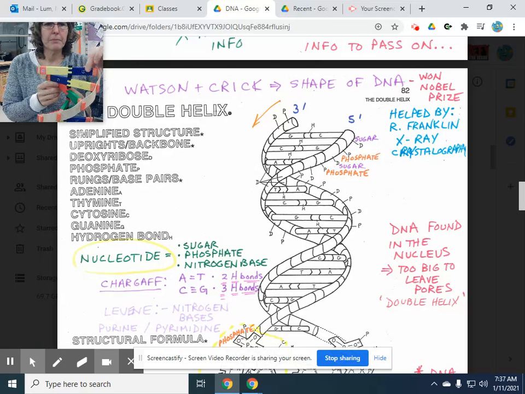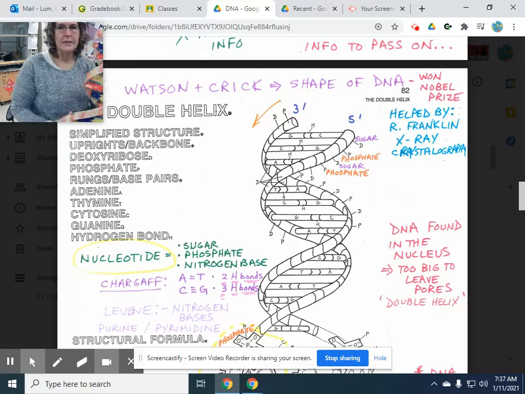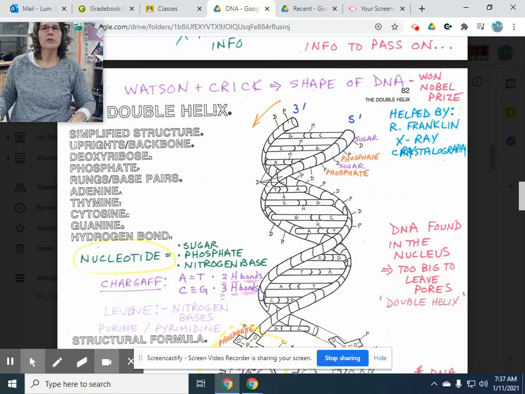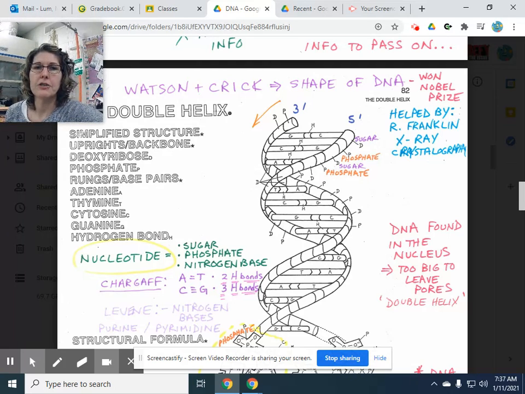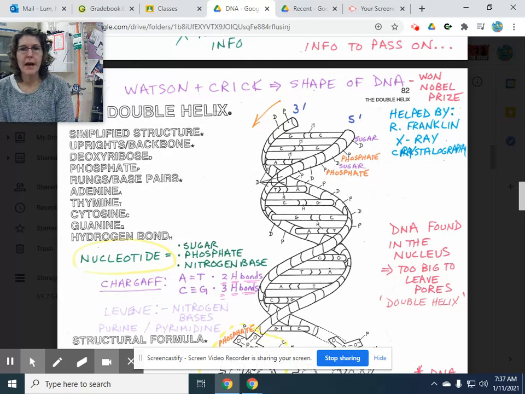So this entire piece right here would be my nucleotide. In DNA, I have 4 different nucleotides: sugar, phosphate, guanine; sugar, phosphate, adenine; sugar, phosphate, thymine; and sugar, phosphate, cytosine. Since I have 4 different nitrogen bases, I have 4 different nucleotides, and these nucleotides come together to make the structure that you see in front of you now.